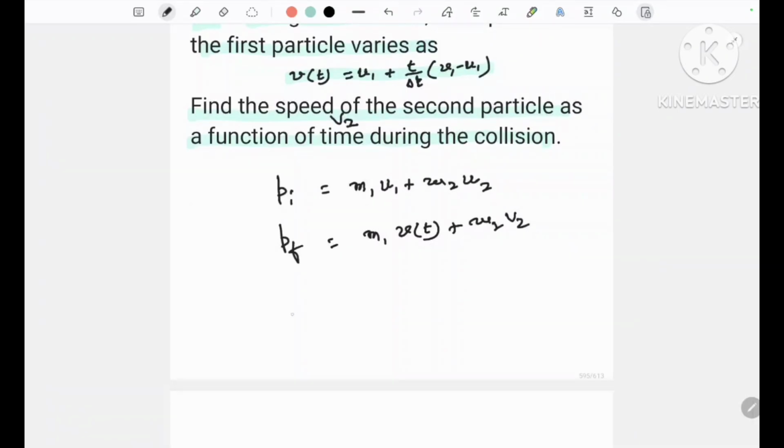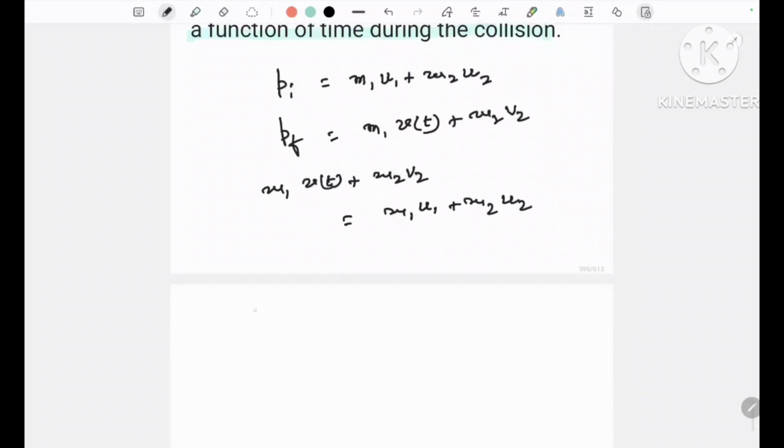Momentum will be conserved, so Pf will be equal to P initial: m1 vt plus m2 v2 is equal to m1 u1 plus m2 u2. Or m2 v2 is equal to m1 u1 plus m2 u2 minus m1 vt.